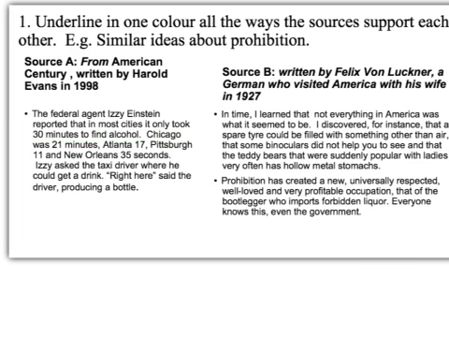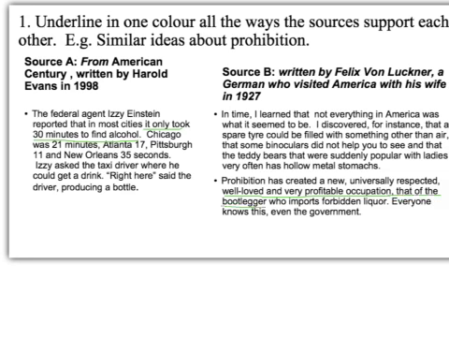Now the quote that I have selected to support the other quote about it only took 30 minutes to find alcohol is this one. In source B, you can see that prohibition created a well-loved and very profitable occupation, that of the bootlegger.